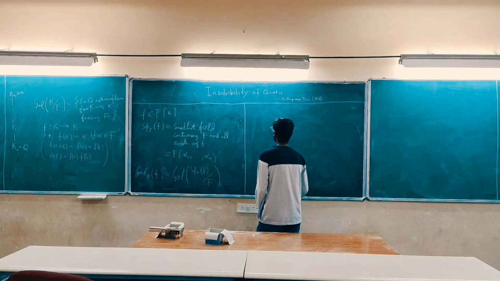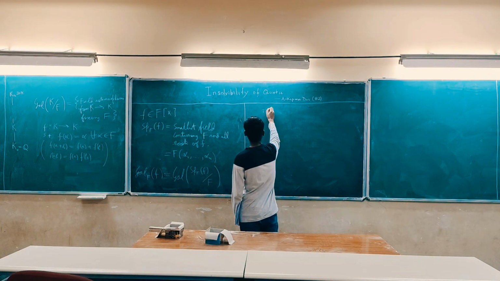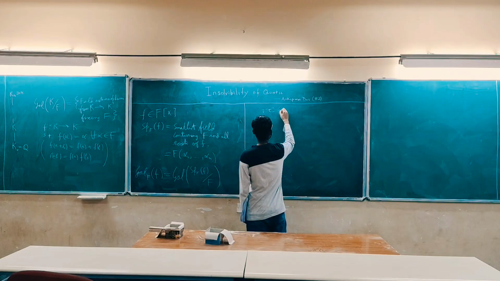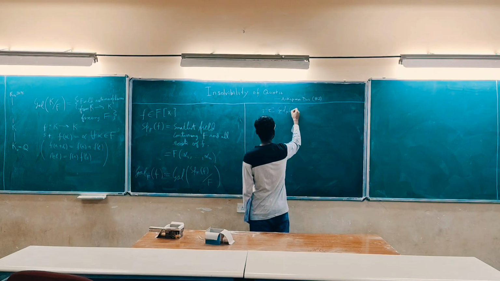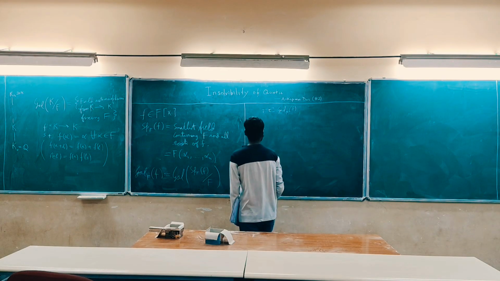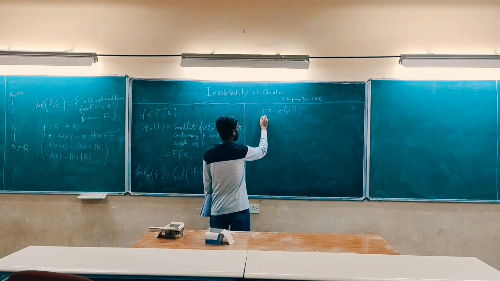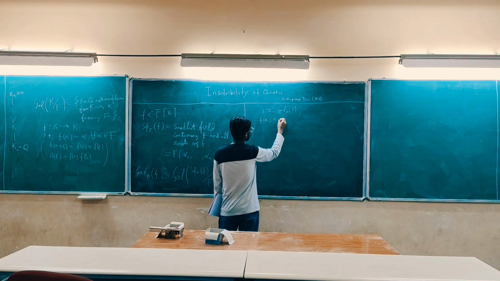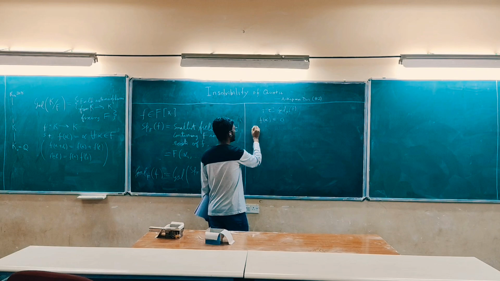How does that happen? Say sigma is an element of Galois f, and alpha is a root of f, as in f(alpha) equals 0. Then what happens to sigma(alpha)?